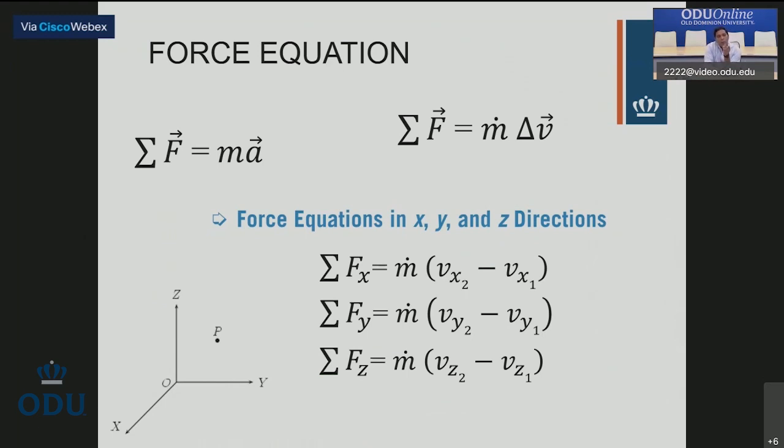Now, once we have the coordinate system, this vector equation can be written in its Cartesian form. As you can see, it's exactly the same equation, but now it's defined per direction. So now I care about the forces in the X direction, the forces in the Y direction, the forces in the Z direction, okay?